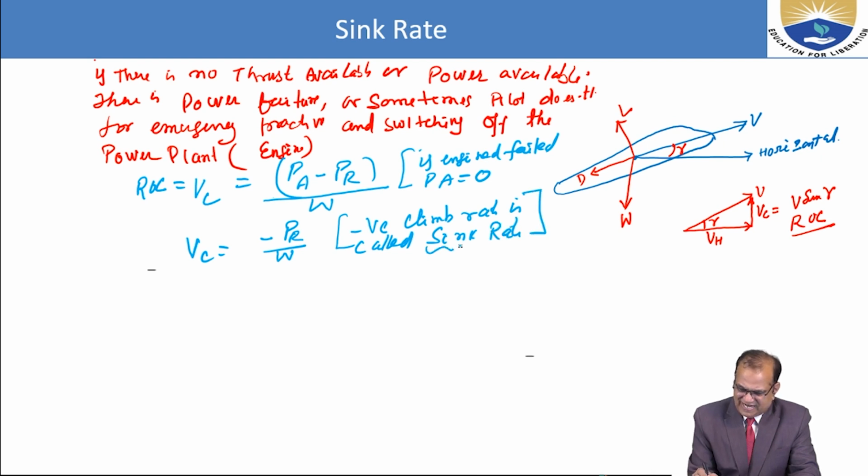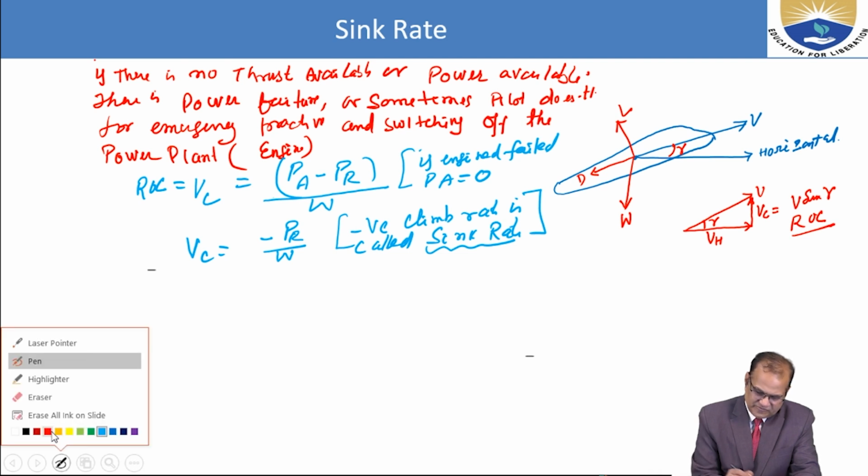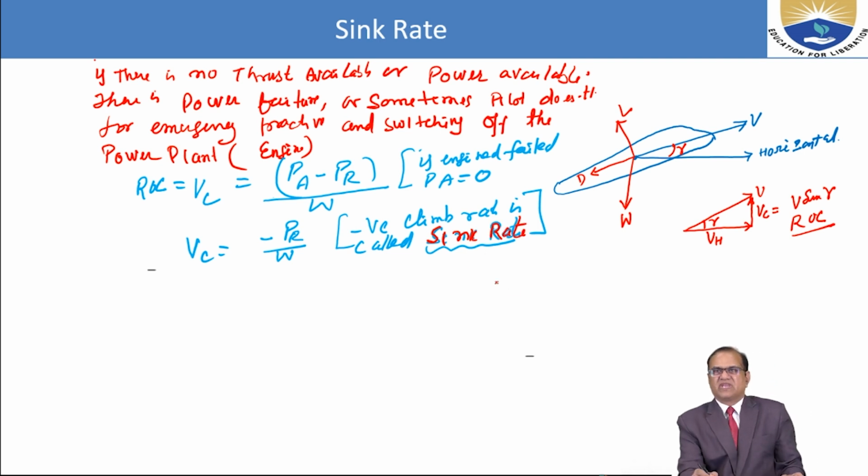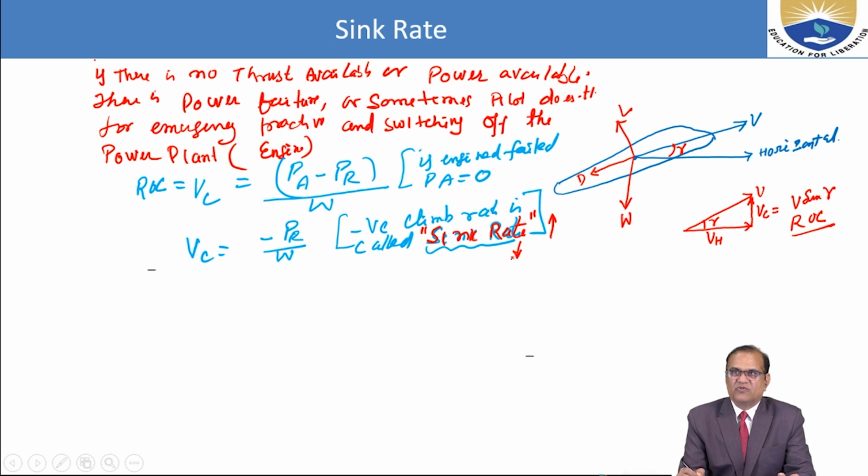So this sink rate is the negative climb. Climb is always upward, but sink rate is always downward.